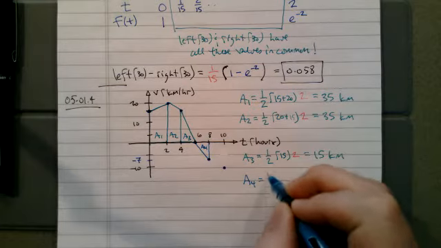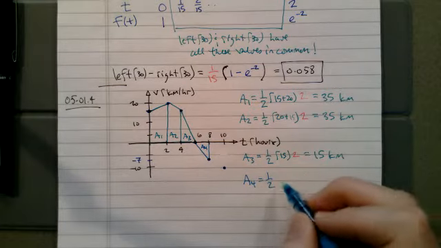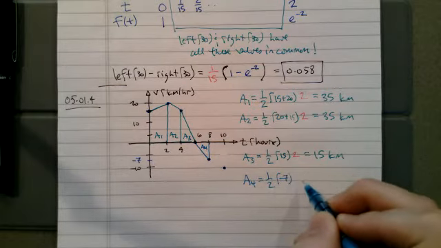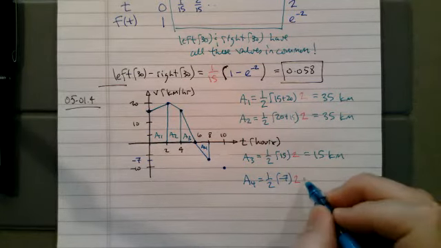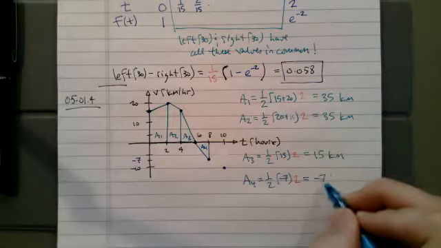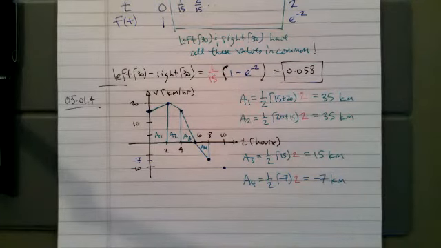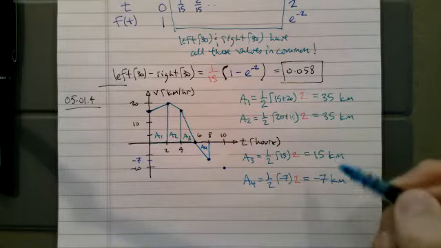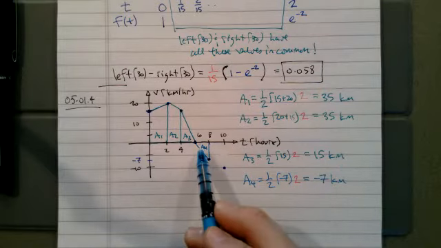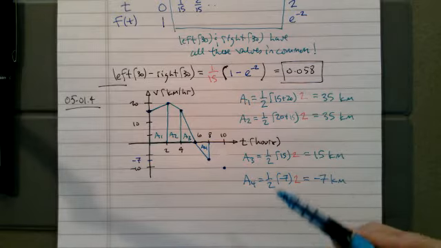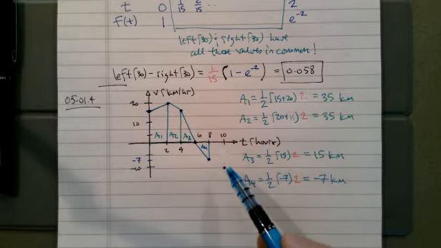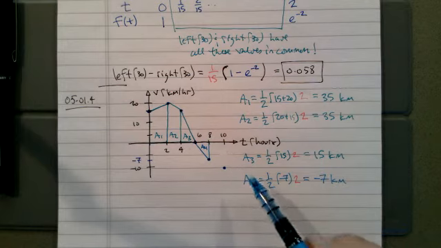A4 is going to be a triangle, so 1/2 the base, which is 2, times a height of -7, and we got -7 kilometers. So we are now 85 kilometers away, and between hours 6 and 8, we go 7 kilometers the other direction, because our velocity is negative, and negative velocities are taking us towards home.